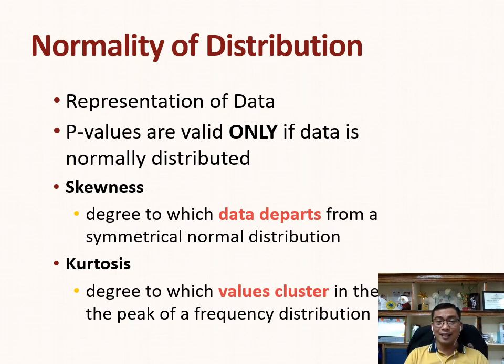How far does it deviate from the normal distribution? It should be symmetrical. Another is kurtosis. It's the degree to which values cluster in a particular area centering on the peak of a frequency distribution.